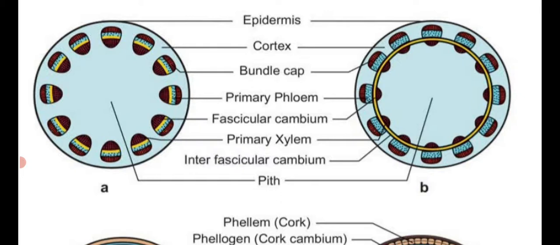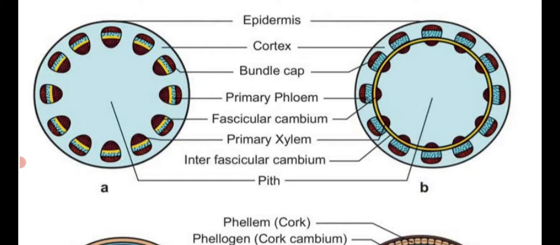See one of the vascular bundles: the pink color, that means brown color, is known as the xylem components, which is present on the inner side. Then on top of the xylem, the yellow color layer is known as cambium. Then the light blue color, which is a dotted line, is known as phloem.